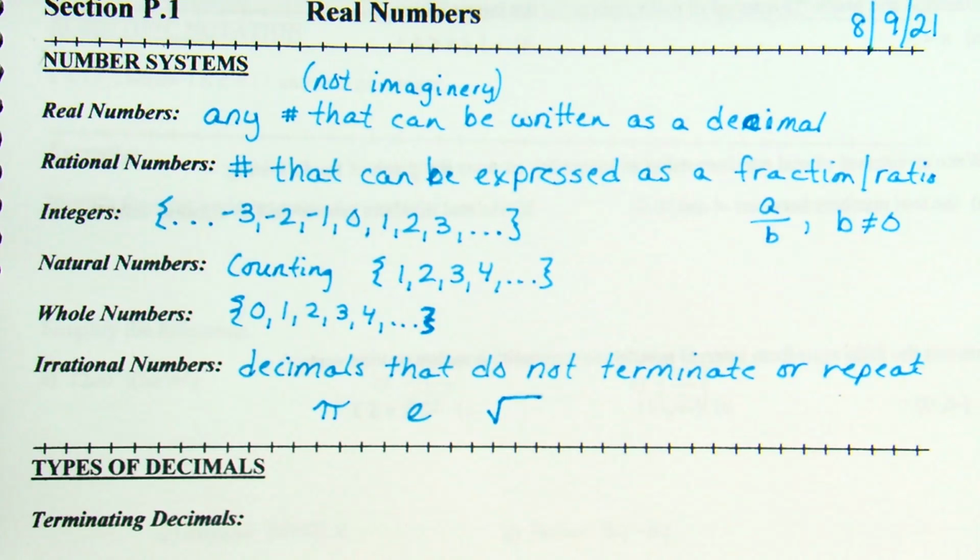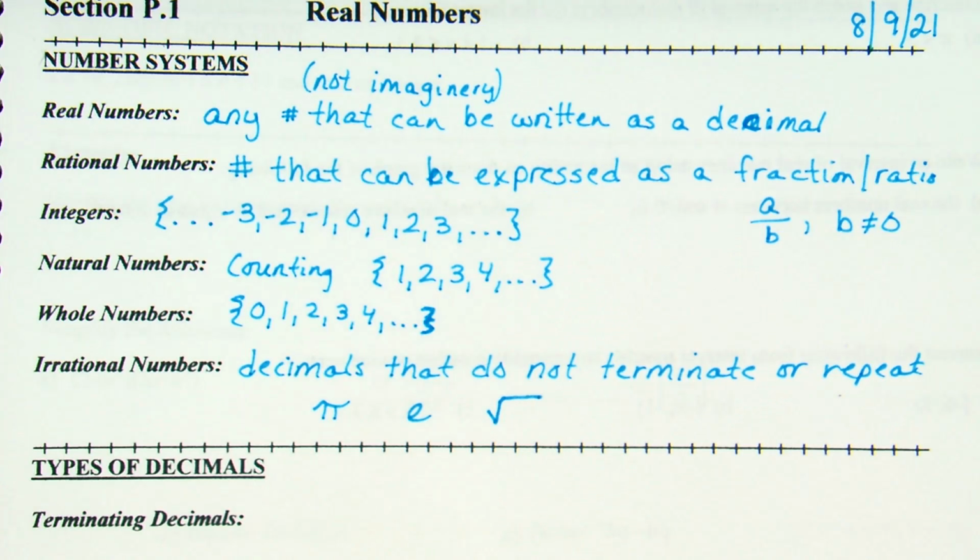Square root of what is irrational? There's right and wrong answers here. Square root of a negative would take us to imaginary, and we're only talking real here.